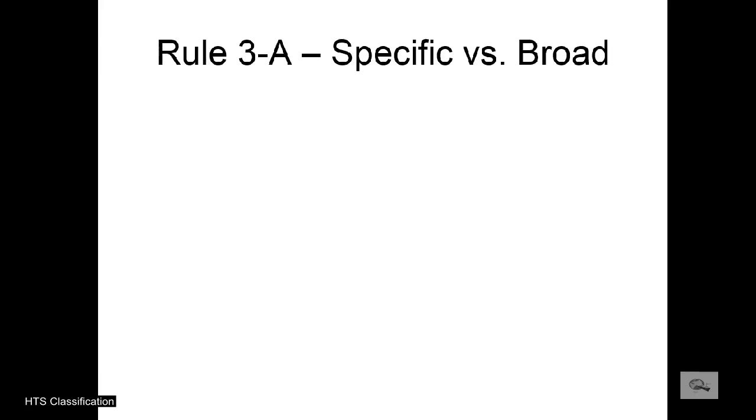If the item being classified isn't specifically provided for, as an unassembled end product or a composite good that is provided for, Rule 3A is next explored. Here the theme of specific versus broad holds under 3A.